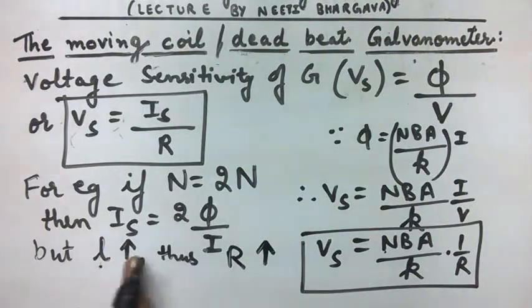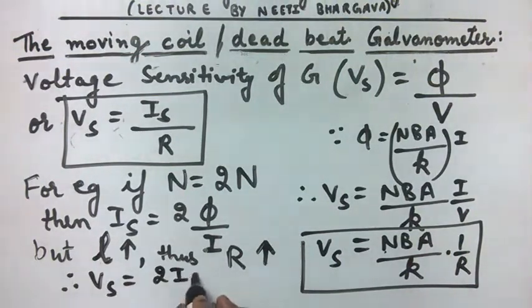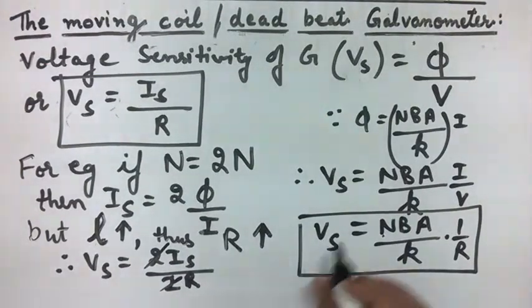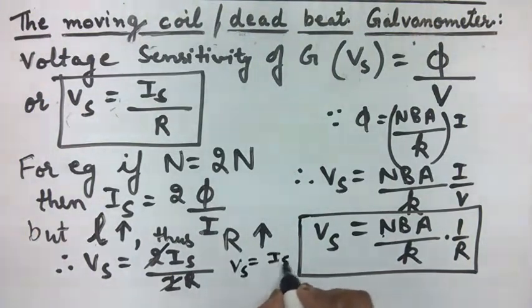R is directly proportional to the length of a conductor. Therefore, Vs is equal to twice of Is by twice of R, and we can see that Vs remains Is by R, that is, remains unchanged.